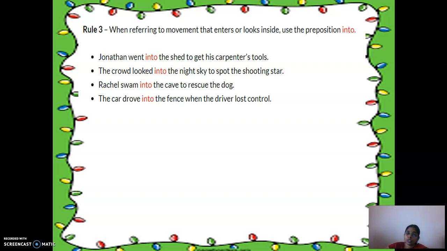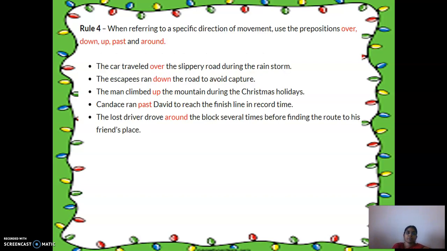Jonathan went into the shed to get his carpenter's tool. The crowd looked into the night sky to spot the shooting star. Rachel swam into the cave to rescue the dog. The car drove into the fence when the driver lost control. So, into is a preposition of movement.